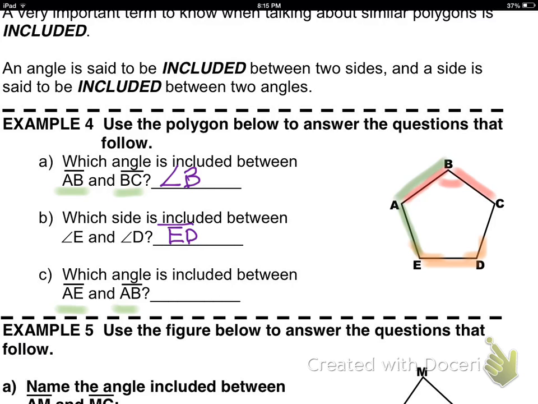Therefore, the angle A is the included angle. But then notice that angle E and angle D has the segment ED between them. So we see a pattern even in the naming of these segments and angles that clue us into which ones are included angles and which ones are included sides.